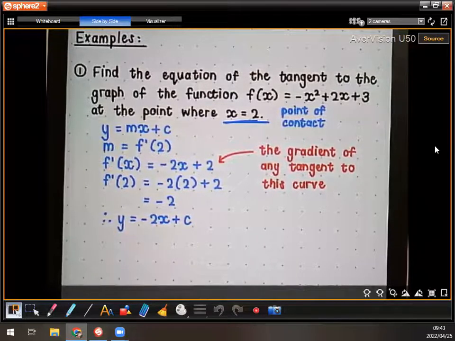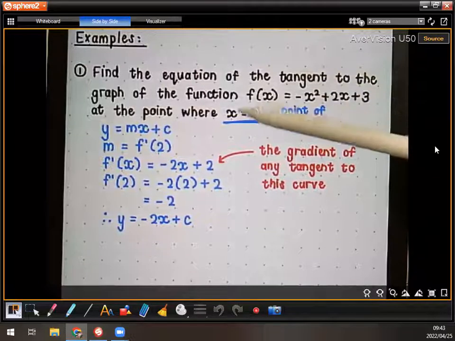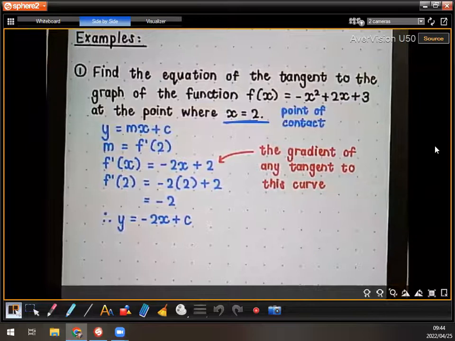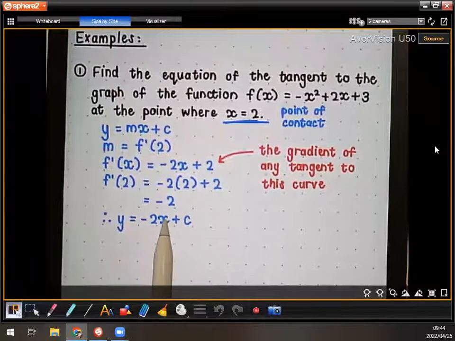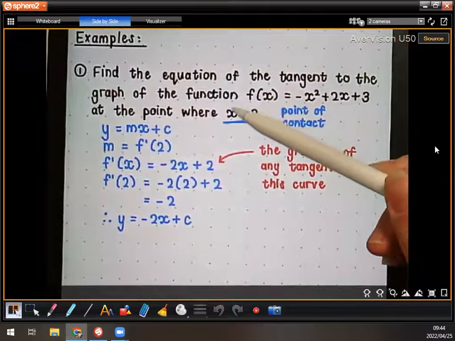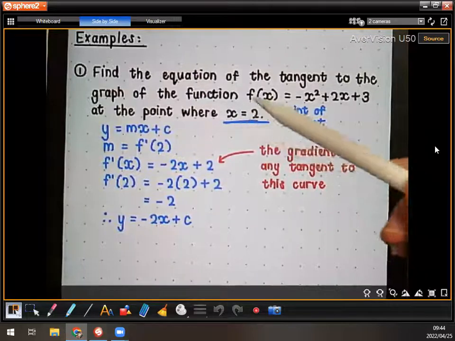Well, guys, they didn't give us a point specifically, but they have given us an x value here. Remember, guys, what point must I sub into an equation in order to get the equation of a graph? The point has to lie on that graph, right? So if I want to sub in a point that will give me this equation, I can't sub in any point. It has to be a point on this line. All right? So we are going to have to find the y value that goes along with this x value.